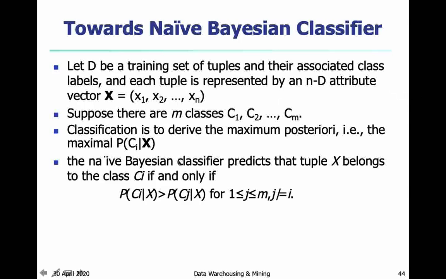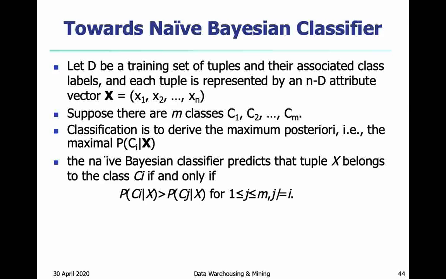We have the training set of tuples and their associated class labels, and each tuple is represented by an n-attribute vector X, made on n attributes A1, A2, up to An.